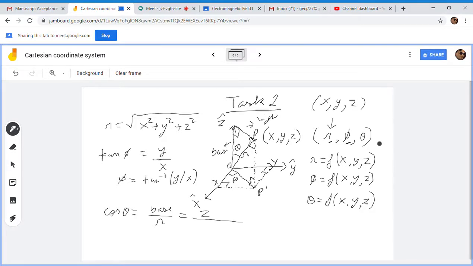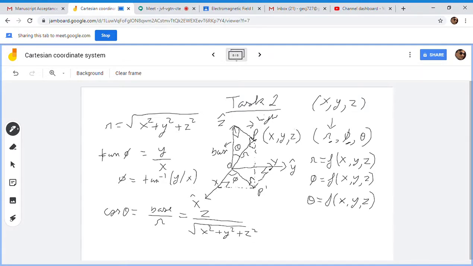And r you have determined: it is under root x square plus y square plus z square. As simple as that. If you can visualize the three dimensions, you just have to apply some right angle formulas. Okay, this is as easy as that.